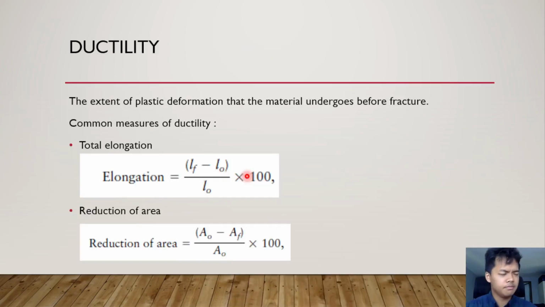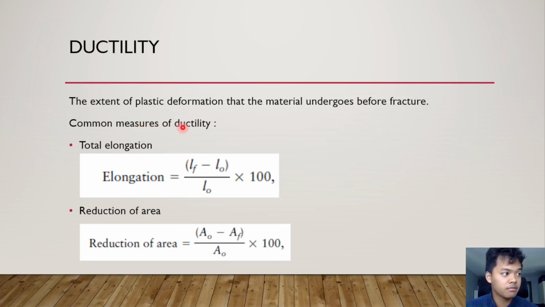Next we have ductility. So what is ductility? Ductility is the extent of plastic deformation that the material undergoes before fracture. In a nutshell, ductility is how much we can pull a material apart before it fractures.